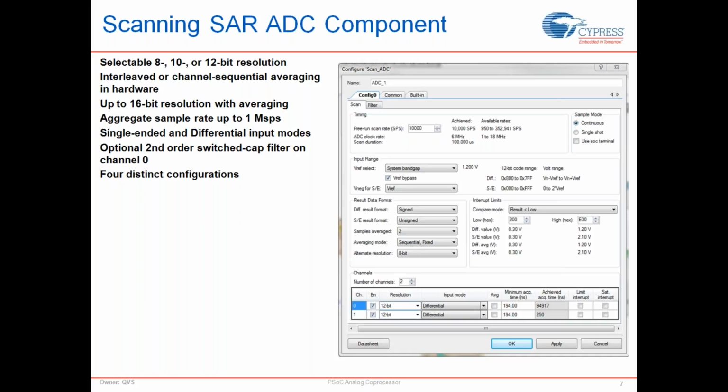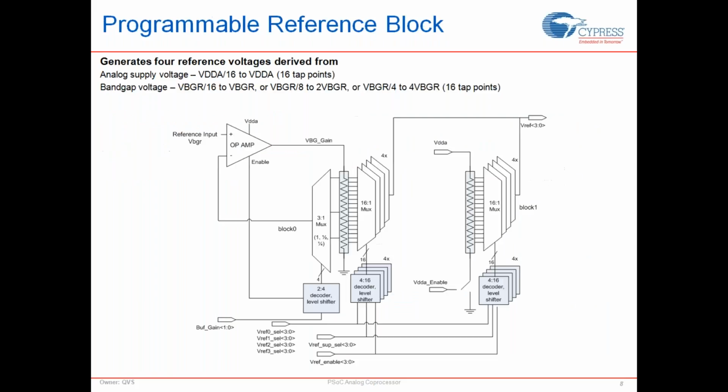Then you have something called a saturation interrupt, which gives you an interrupt when you saturate at either the higher end, the FF side, or the 0 side of the range. That's similar to your limit interrupt, only your limits are fixed at the two ends of your range. So that's your SAR ADC component.